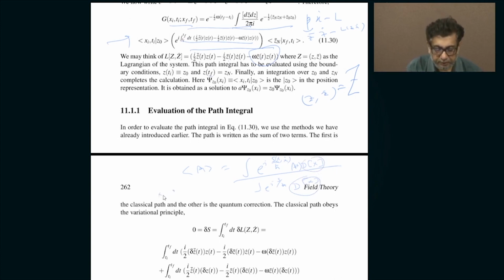If you have some xi, ti as your initial and xf, tf as your final, then there will be a whole bunch of possible paths. What this says is that all of them are allowed in quantum mechanics. Unlike in classical mechanics, where only one path is allowed and all other paths are strictly forbidden, in quantum mechanics all paths are allowed, but each comes with a weight, which is a complex number of unit modulus.